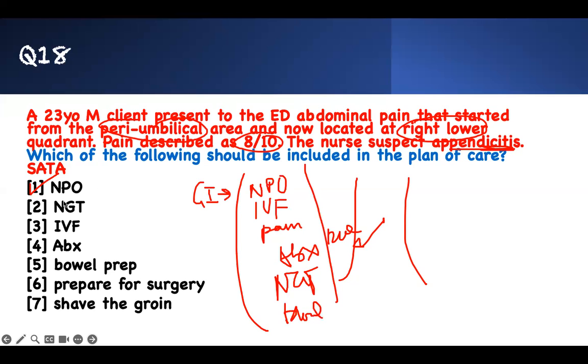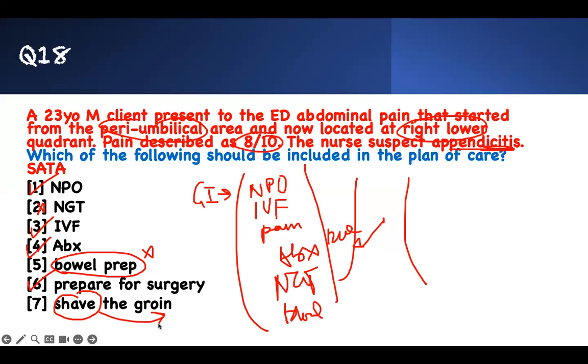So this patient is not vomiting, no NG tube. IV fluid, we said about it. Antibiotic, yeah. Appendicitis does not need bowel prep. They will trap you. This is wrong. You prepare them for surgery. You should not shave them, even though you think you're doing something, it causes infection.